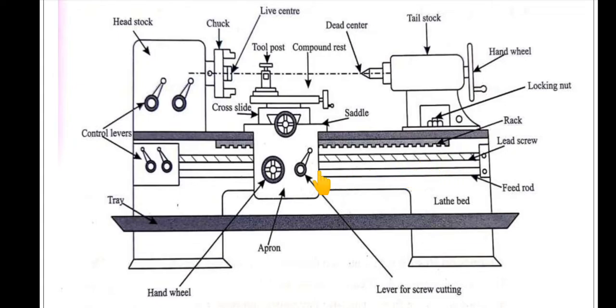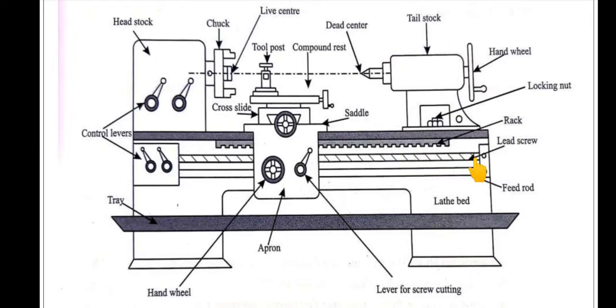Next, the lead screw. It is a long screw with square threads, mounted in front along with the feed rod. It is used for automatic movement of the carriage assembly during the thread cutting operation.